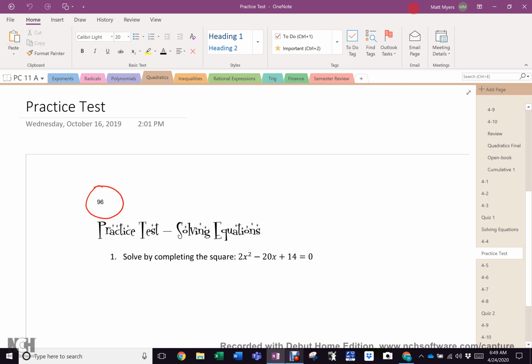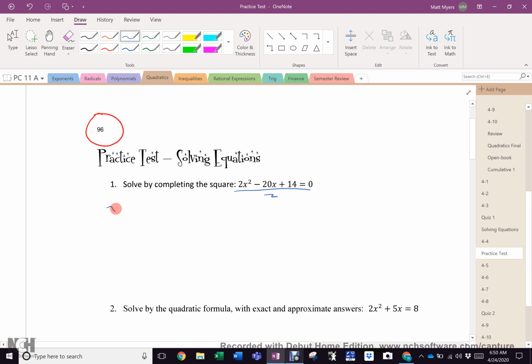So solve by completing the square. Easiest thing to do is divide everything by 2, and now I'm dealing with x squared minus 10x plus 14 equals 0. I'm going to move that away because that's not part of the square that I need to complete. Equals negative 14.